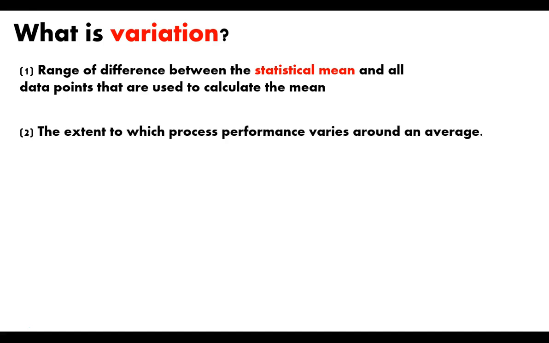Another definition: the extent to which a process performance varies around an average. So essentially you come up with a population or a sample population, and you get an average of some piece of data on that population. Let's say heights of college students, and you take 100 college students and you find out how tall they all are.